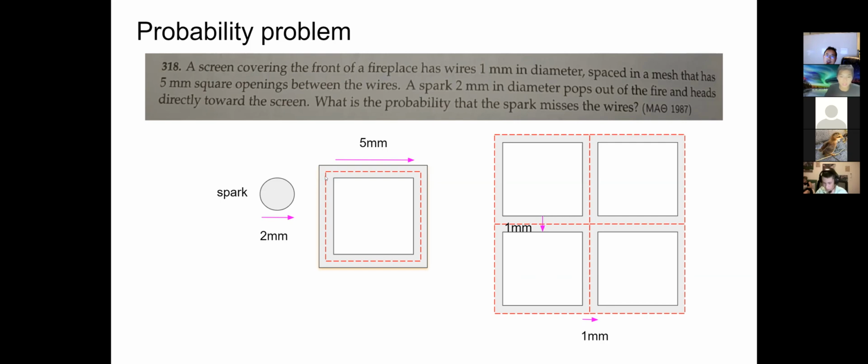Oh wait, no, like fully inside. Well, what do you mean fully? You have to explain fully in a math way. So what's the marginal place where the spark will be considered as missed?